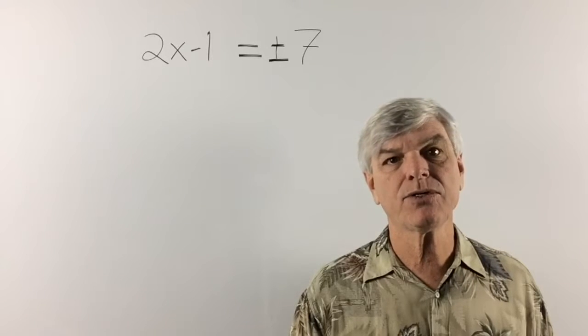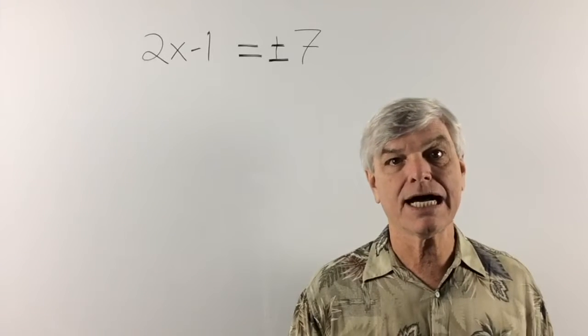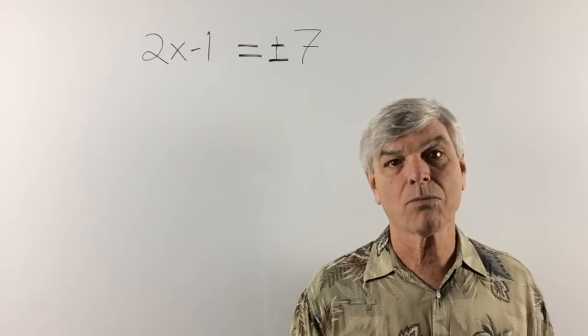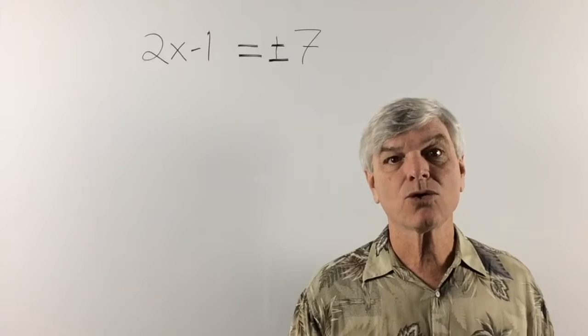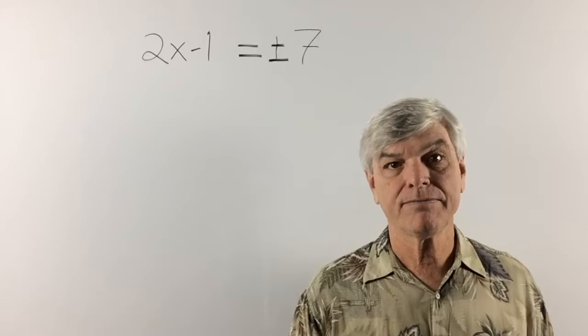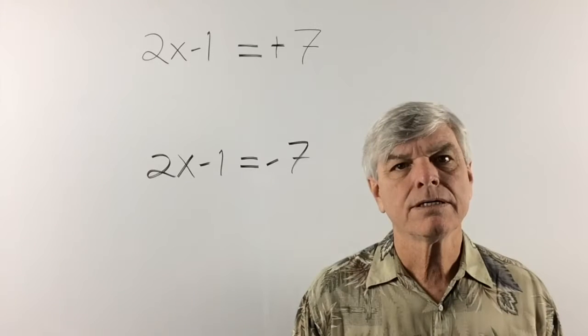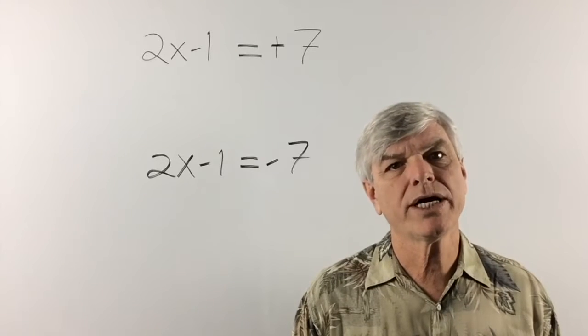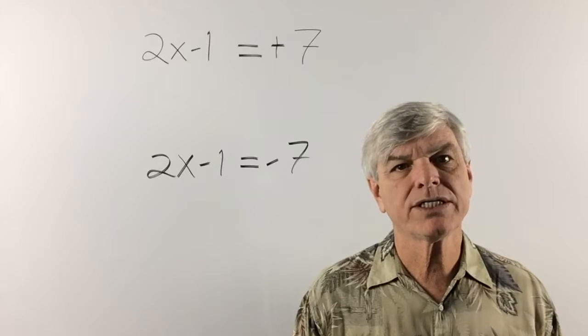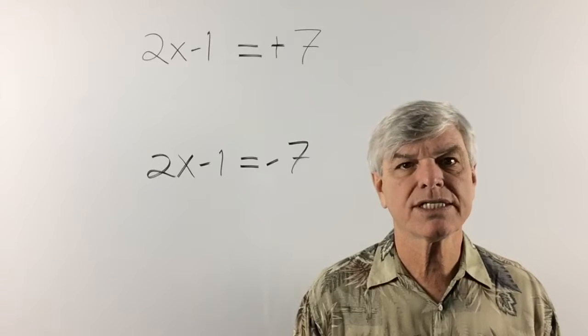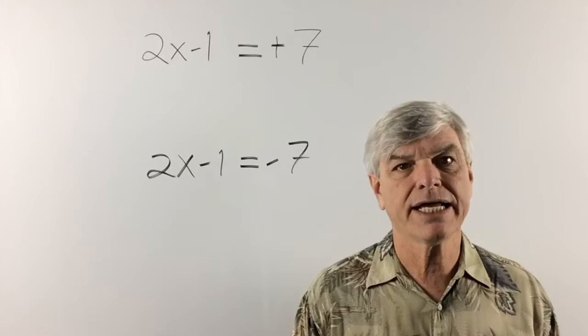So we're going to have two different answers to this, and it's not going to be plus or minus 6 or plus or minus 3. It's going to be something different. Okay, now we have two equations. One where the first equation equals +7 and one where the second equation equals -7.